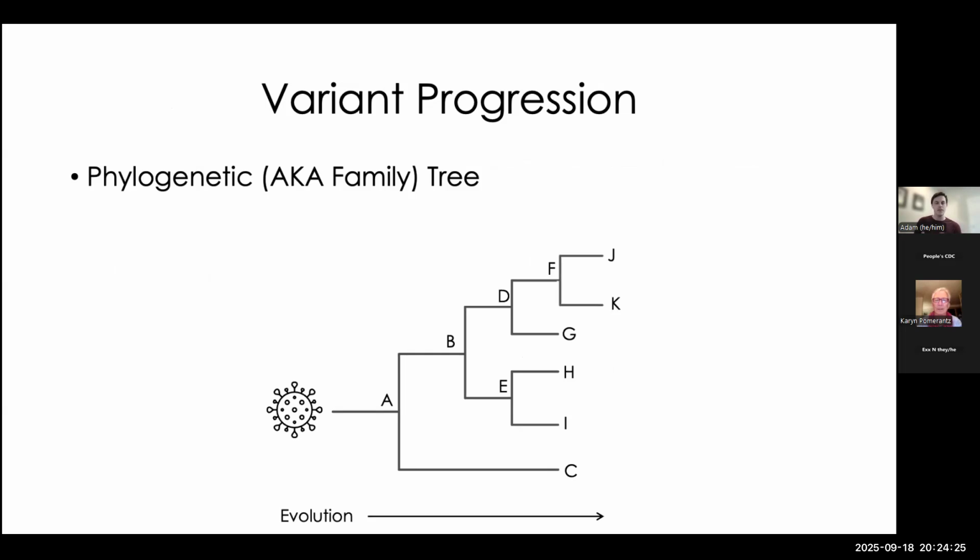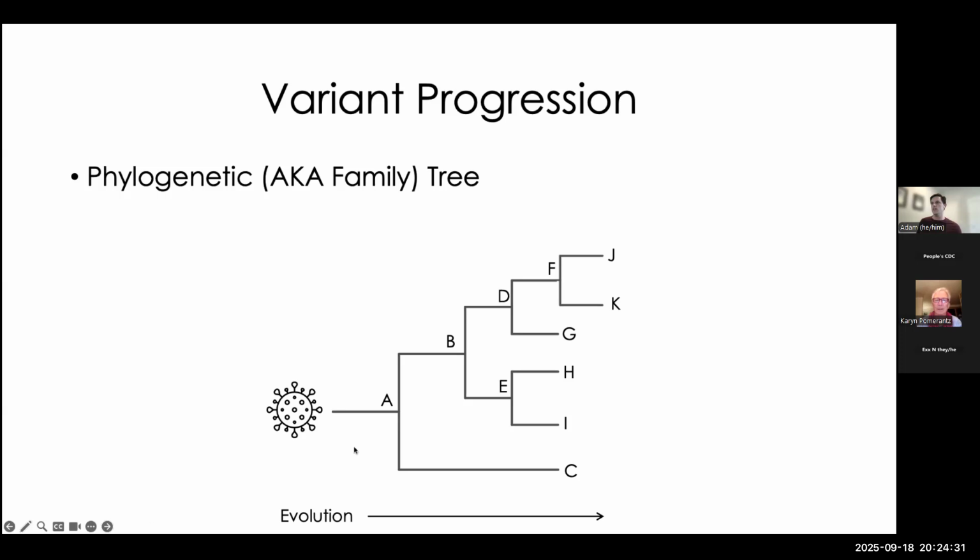So another way we can think about this is looking at variant progression with a phylogenetic tree, which is just the scientific way of saying a family tree based on genetics. And it looks something like this, where we have the origin on the left with our virus here.